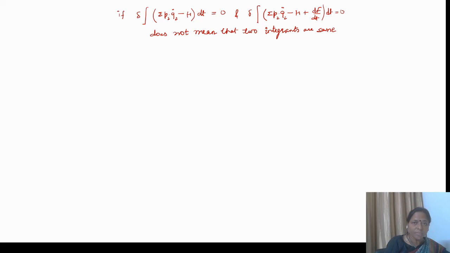Rather there will be some function which should be present there.